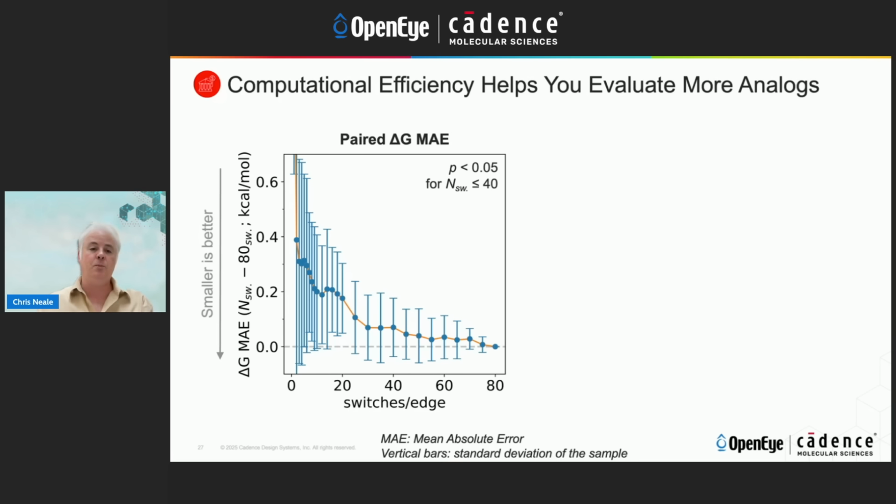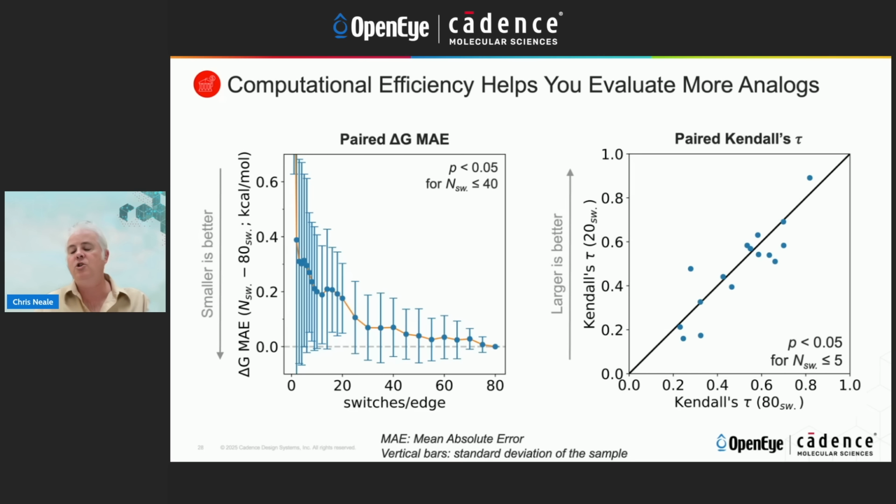So it's what you'd expect. As we move to the left, we're investing less computational effort and we're getting an increase in the inaccuracy of our predictions. But this is a really long tail. It turns out that if we drop from 80 down to 20 switches, we're sacrificing on average about 0.2 kcals per mole of additional prediction inaccuracy. So in terms of Kendall's tau, what that means is shown on the right.